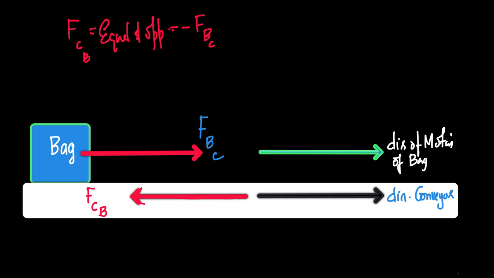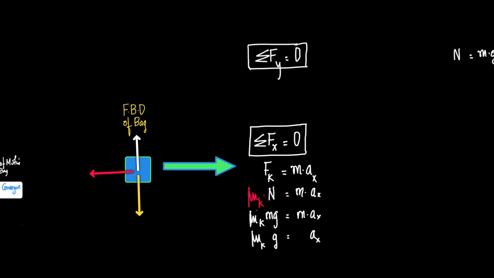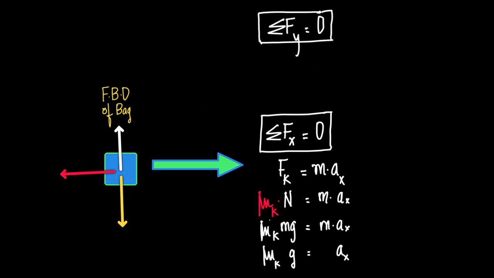Now, please revisit this. This concept is really important. You should have clarity in this. Now, if I draw the free body diagram of the bag, what are the various forces acting on the bag? The first force definitely would be the normal reaction on the bag due to the conveyor.